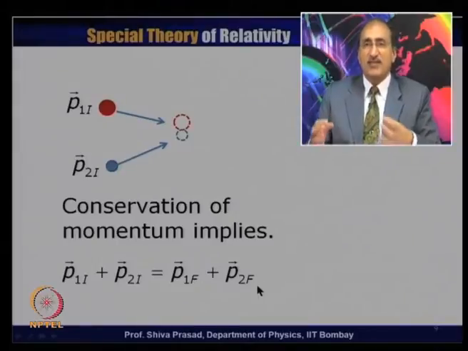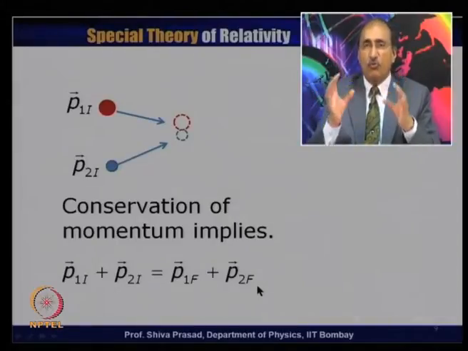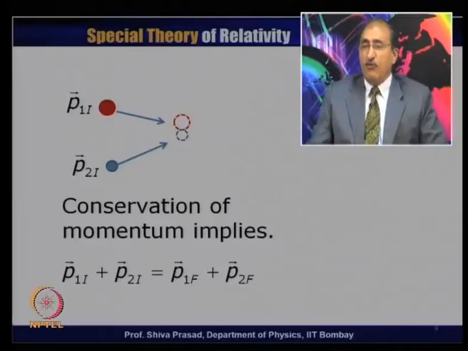Because there is no external force on the system, momentum must be conserved. Therefore, according to the conservation of momentum law, the initial momentum must be equal to the final momentum.